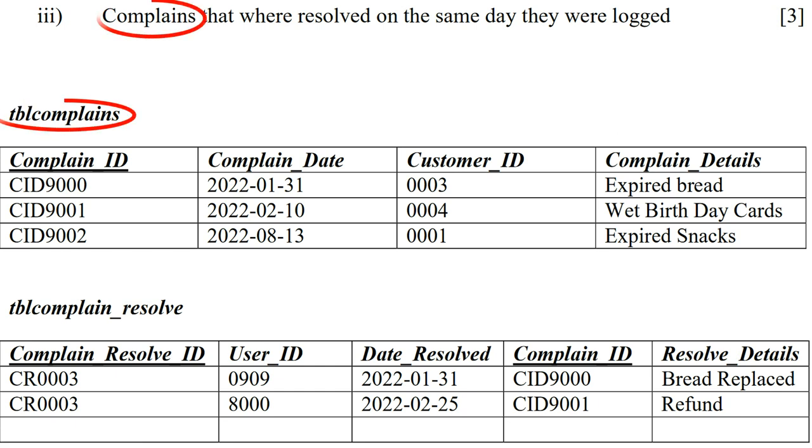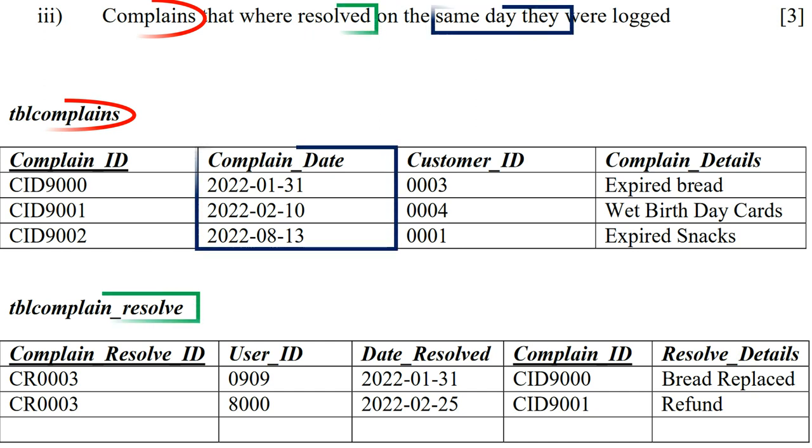And then we want the ones that were resolved on the same day they were lodged. So we want to select complaints that exist in both tables but with the same date.